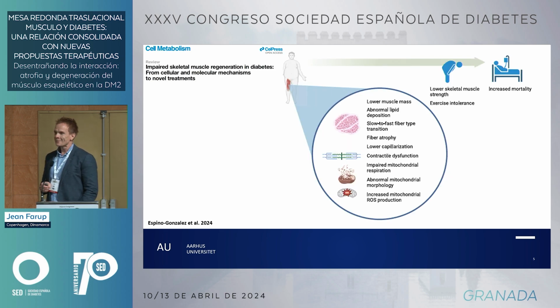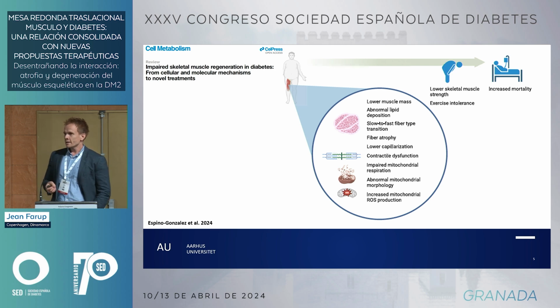As already nicely highlighted by Dr. Lanner, we know now that when you have type 2 diabetes, the skeletal muscle transforms in many different ways, some of them on a gross morphological scale where we see fibrofatty infiltration, we see markers of muscle damage, and of course also mitochondrial dysfunction, along with a host of other changes in the muscle.